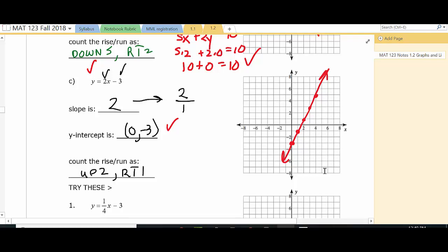That's the idea. Now remember, if it's not solved for y, you have to do that first. That's one of the things I want to look at and see where we're at.